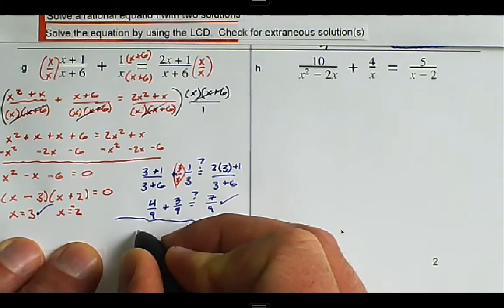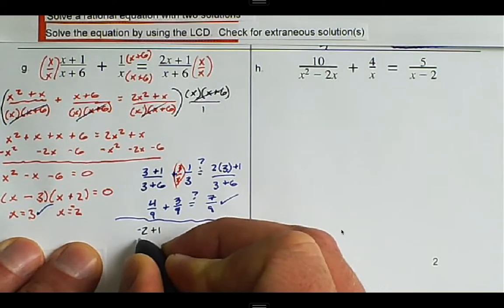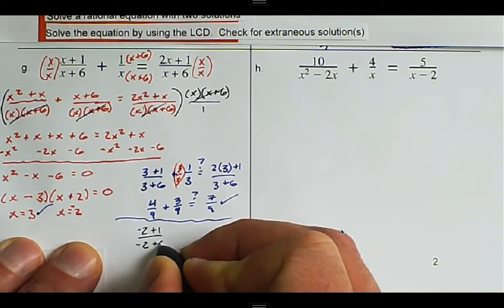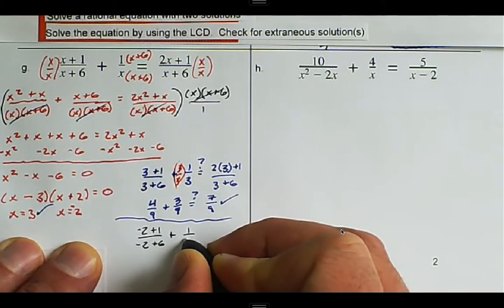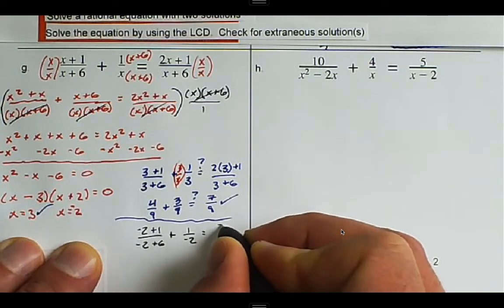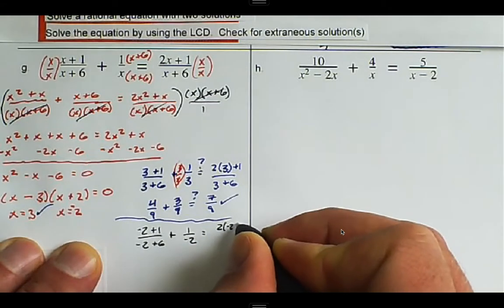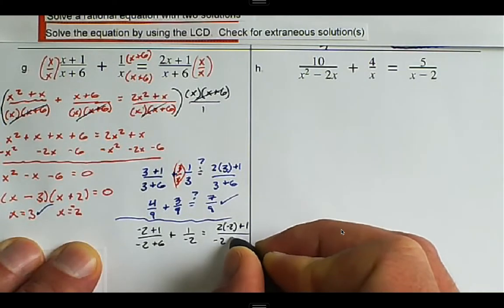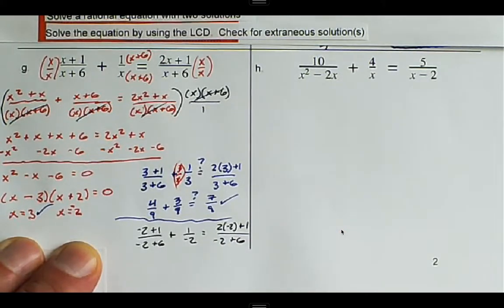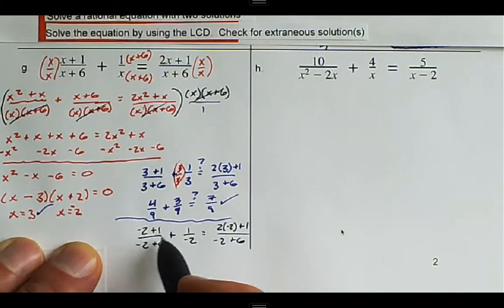So negative 2 plus 1 over negative 2 plus 6, plus 1 over negative 2, is equal to 2 times negative 2 plus 1 over negative 2 plus 6. And so when we substitute that in, we get negative 1 over 4 plus, we want to make this denominator become 4.